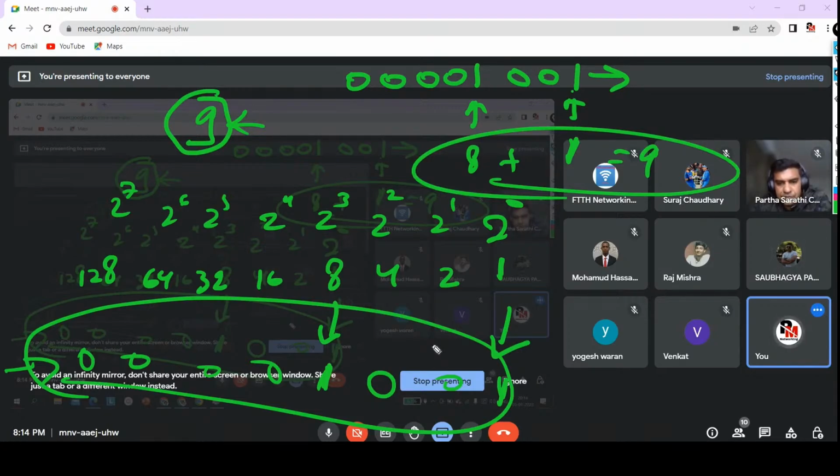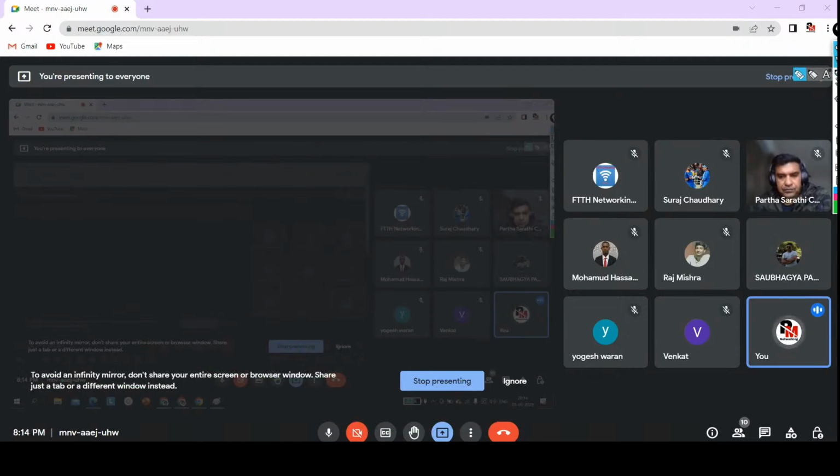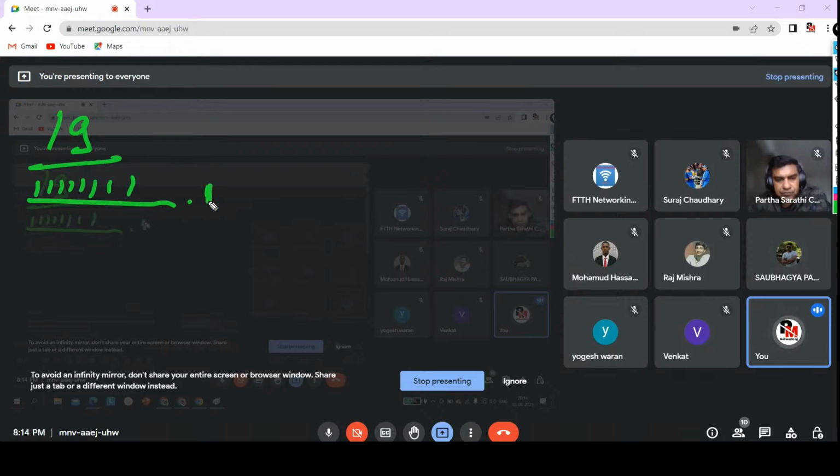Okay, so always keep in mind this is the formula to convert binary to decimal and decimal to binary. Suppose I am writing /9, that means there are 9 network bits. So in the first octet all bits are 1: 1, 2, 3, 4, 5, 6, 7, 8. In the second octet 1 bit is 1 and all 7 bits are 0.